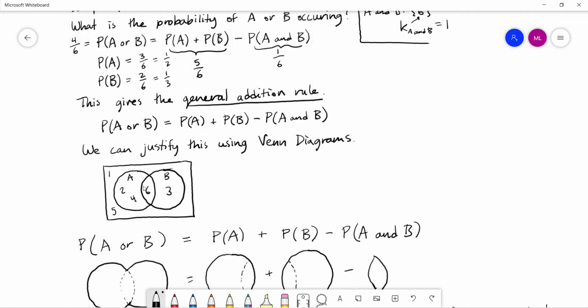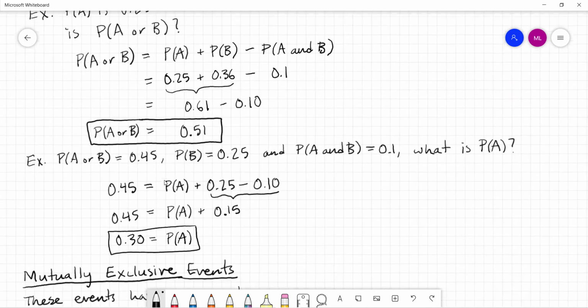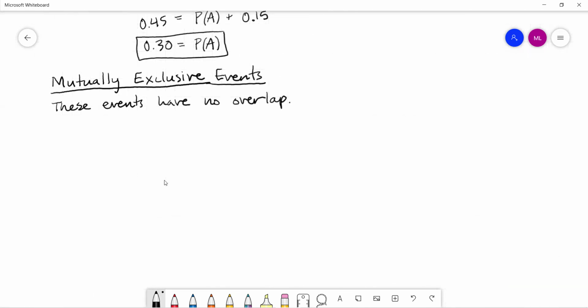So basically, if you look at the Venn diagrams, things that are mutually exclusive don't have this overlap. You can draw them as just two completely separate circles. So visually, there is no overlap in the Venn diagram.